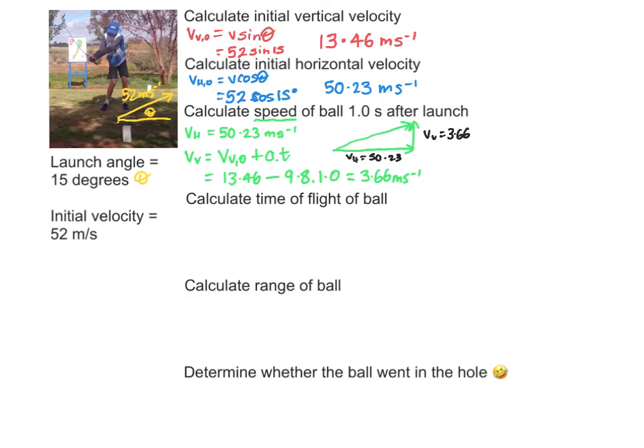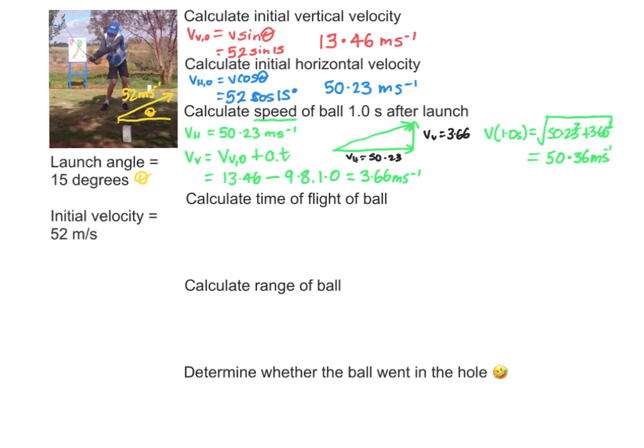So we use basically our Pythagoras here, and we get v, the total velocity after 1.0 seconds, we can show that is going to be equal to the square root of 50.23 squared plus 3.66 squared, which is equal to 50.36 meters per second.